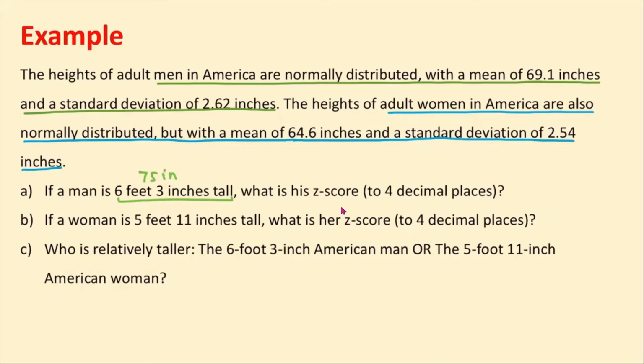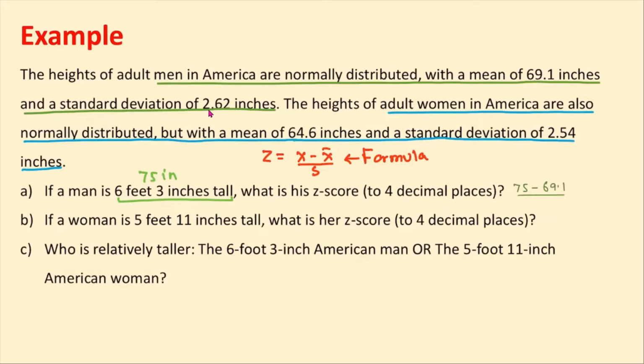If you remember the formula for z-score, z is x minus x bar over s. That's our formula. So for the first part, if we plug in the value, our x is 75, minus the mean 69.1, and we are dividing that by the standard deviation.